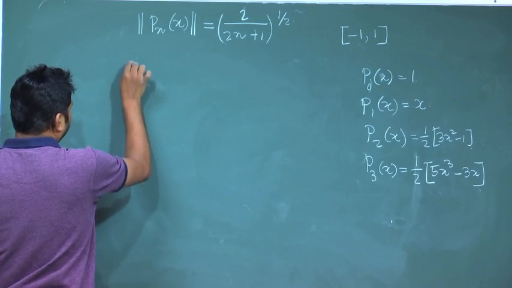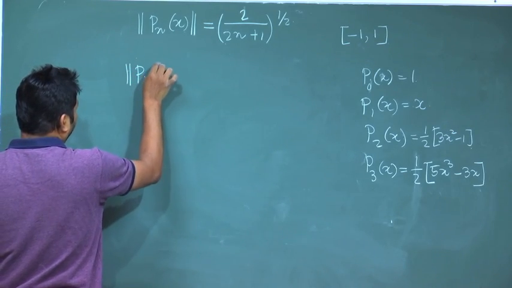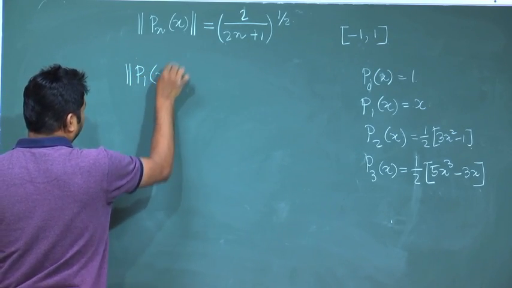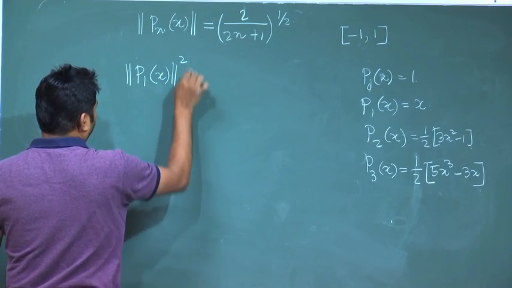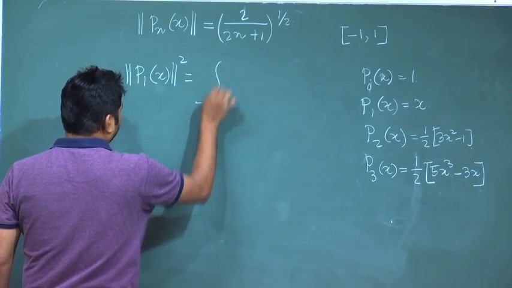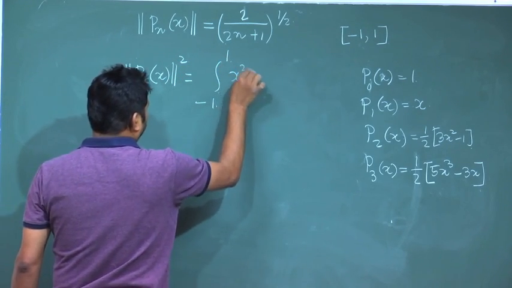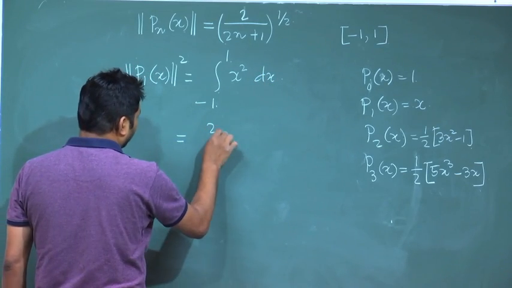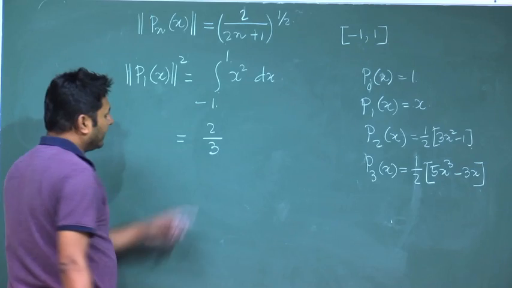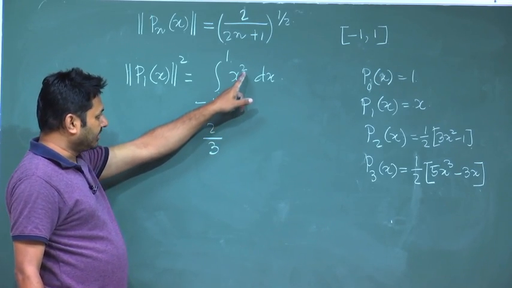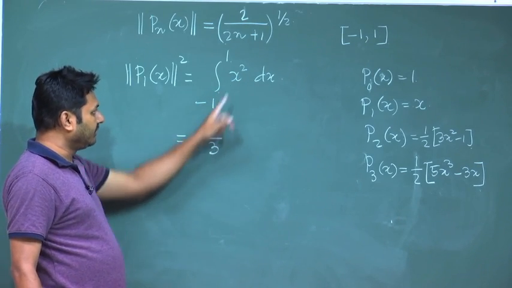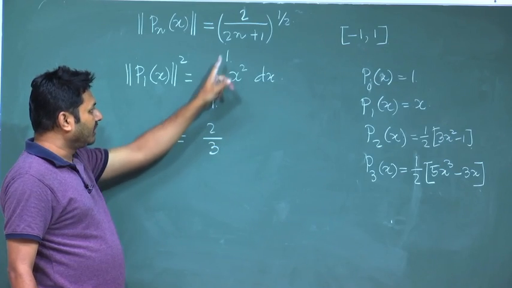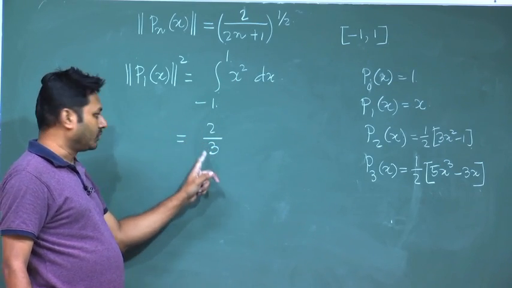So, what is the norm square of P1 x? It will be the integral from minus 1 to 1 of x square dx, which is how much? 2 over 3. If I integrate, it will be x cube divided by 3. If I put the limits minus 1 to 1, it will be 2 by 3.